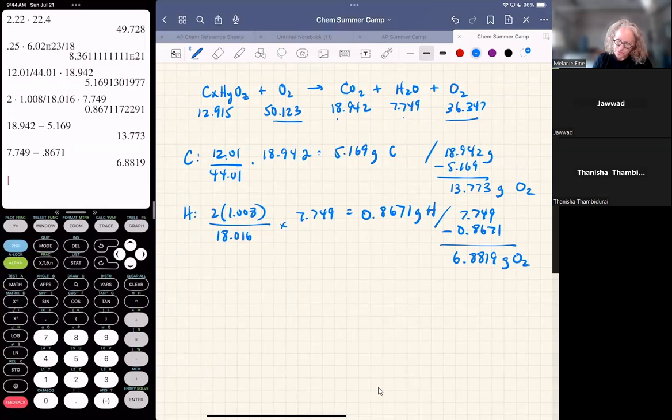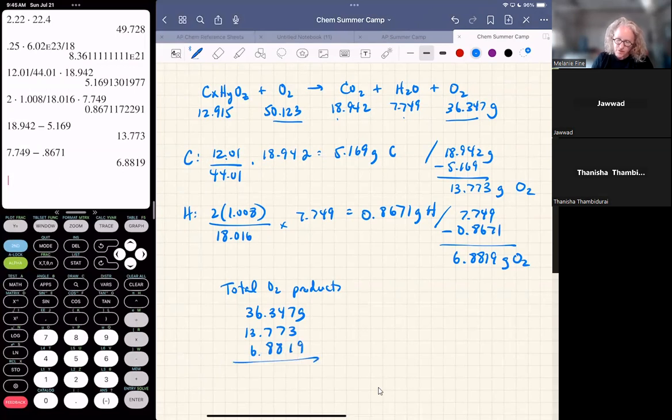So the total oxygen on the right-hand side would be 36.347 grams from this oxygen plus 13.773 plus 6.8819.